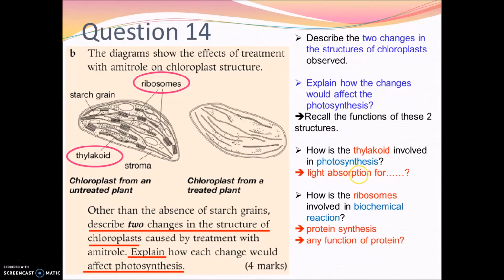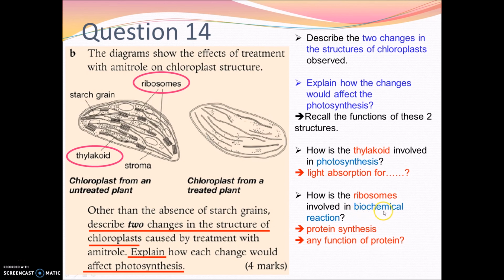The second one will be, how is the ribosome involved in the biochemical reaction? Of course, you know that photosynthesis is a kind of biochemical reaction, meaning chemical reactions taking place in the organism. That's the bio, living things.